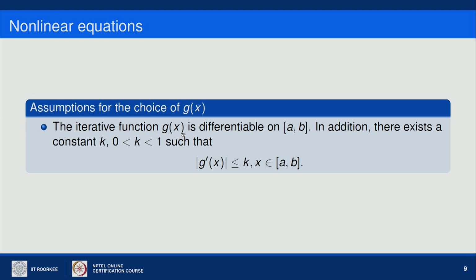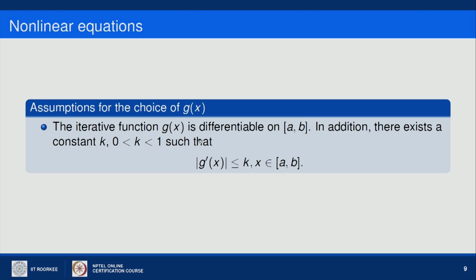So, the iterative function g is differentiable on (a, b). In addition, there exists a constant k in the open interval 0 to 1, such that the absolute value of g prime x is less than or equal to k for all x belonging to the interval a to b.